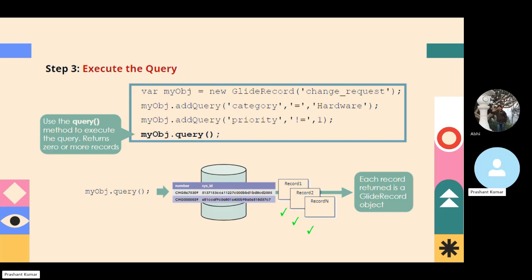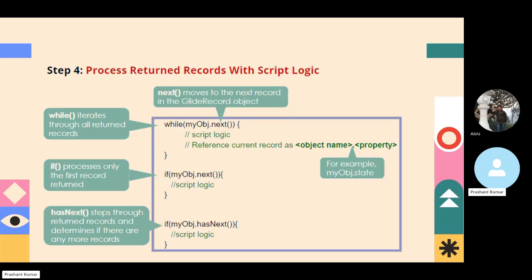If you use an if statement, you get the first record and it comes out of the statement. Here we can see we can process the returned records with script logic, using if or while. You already know what while does and what if does.